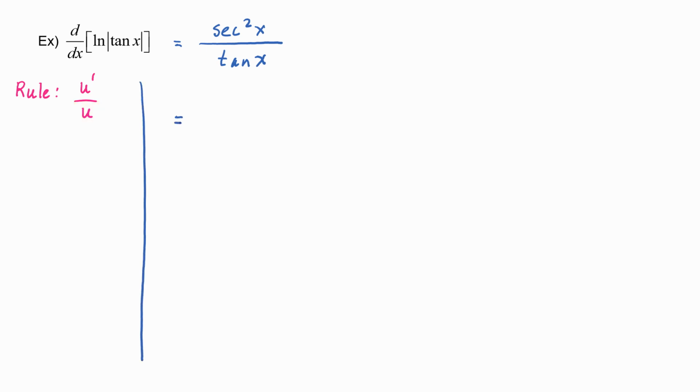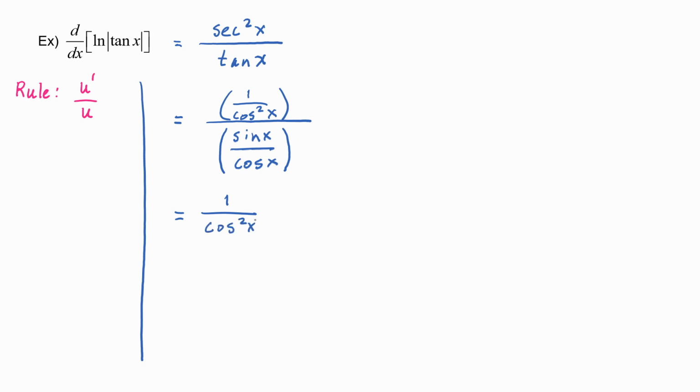Now this is going to equal secant squared, which can be written as 1 over the cosine squared, and tangent of x can be written as sine of x over cosine of x. So this will turn into 1 over the cosine squared of x times the reciprocal of the denominator, which is cosine x over sine x.